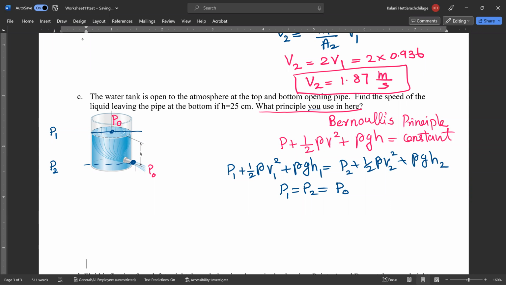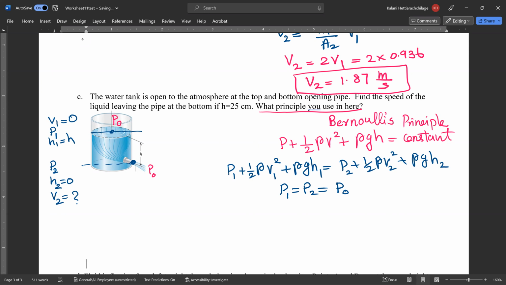In addition, H2 equals 0 at this place, and at this place H1 equals H, that 25 centimeters. Velocity of this point is V2, velocity of this one is V1. V1 is staying at rest always, so this velocity will be equal to 0. V2 is what we need to find out.